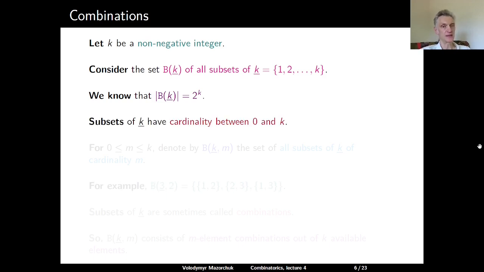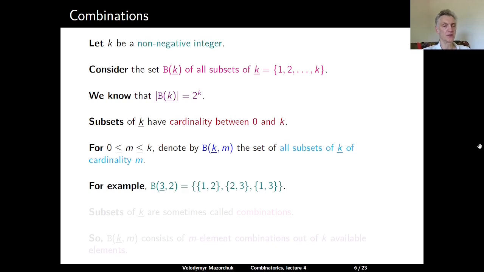Subsets of k underlined can have cardinalities between 0 and k. So let's pick some possible cardinality m between 0 and k, and denote by B of k underlined m the set of all subsets of k underlined of cardinality m. So for example, B of 3 underlined 2 consists of the following 3 subsets of 1 to 3.